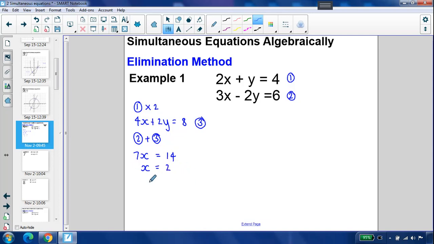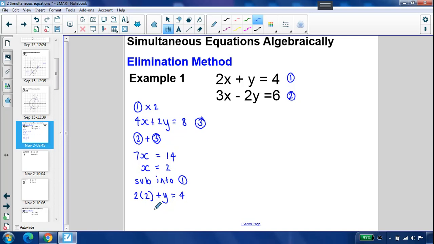So now I've got x, I can find y. And I'm going to use equation 1. So I'm going to say sub into 1. So I'll have 2 multiplied by 2 plus y is equal to 4.